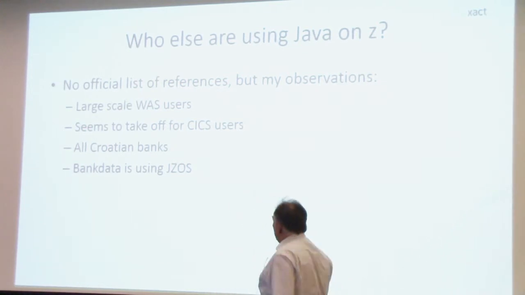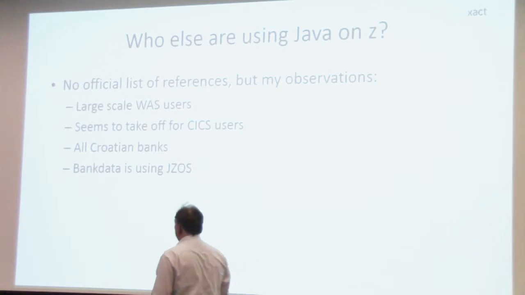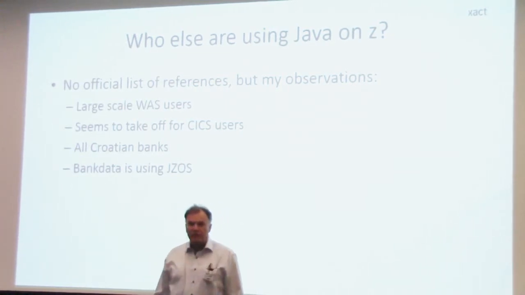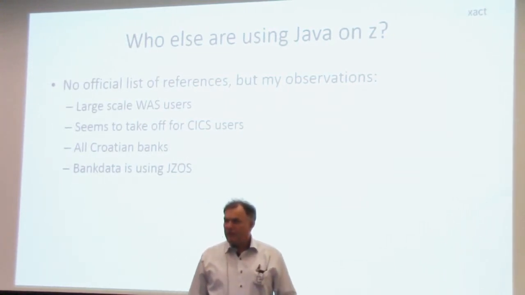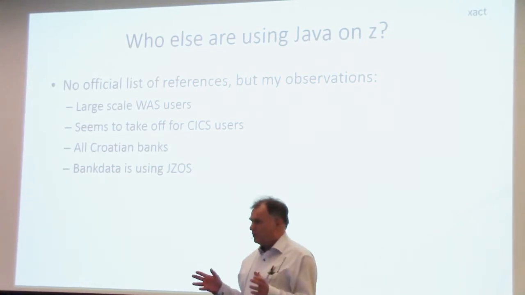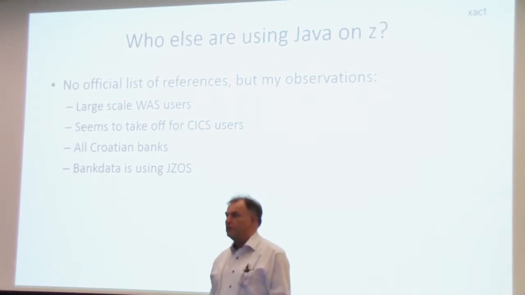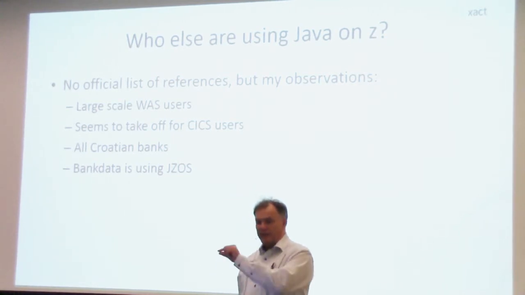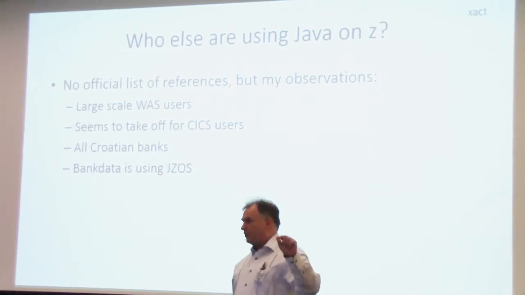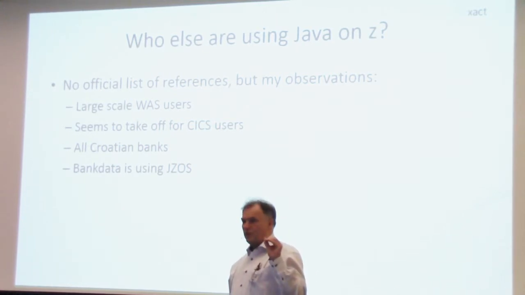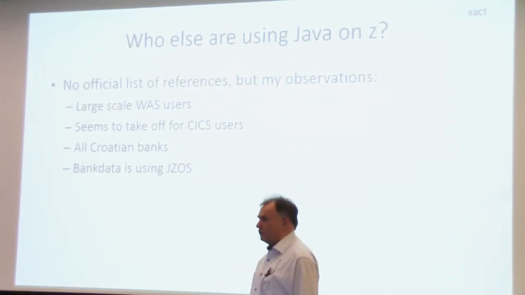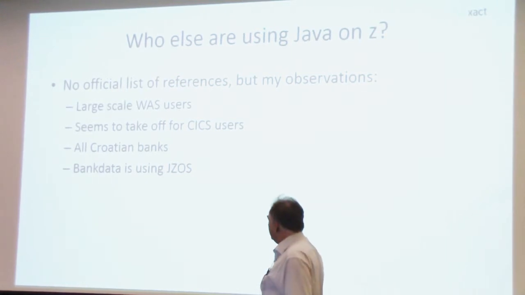The reason why all Croatian banks are using Java, they're using it in CICS actually, is that a lot of the Eastern European countries, after the fall of the wall and the Iron Curtain, started really at level 0 on much of the computing. Of course, we know that 120,000 users were using SAS software in Russia, even though SAS never sold a single license.